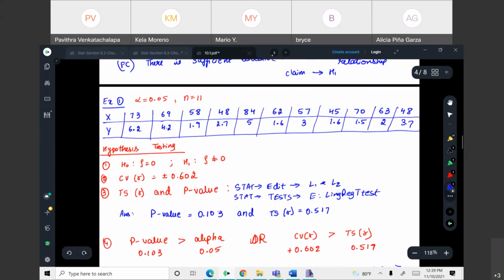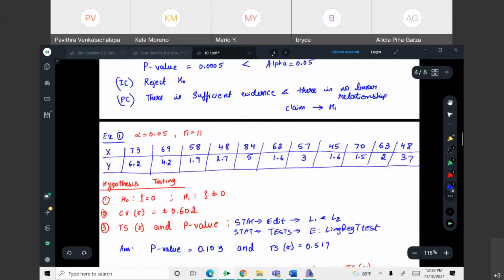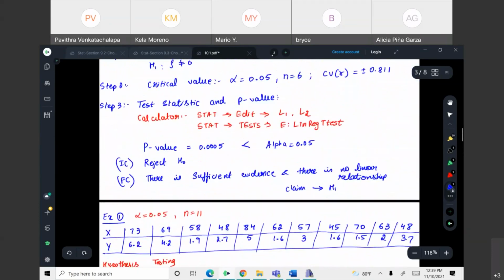This is one example, and here we got fail to reject H naught. If it is reject H naught, that means there is a linear correlation. This is a small correction: there is a linear correlation.